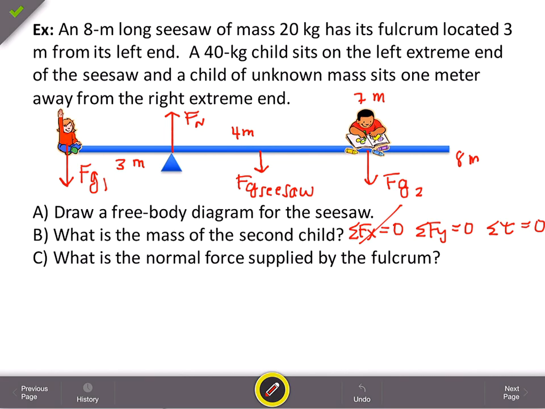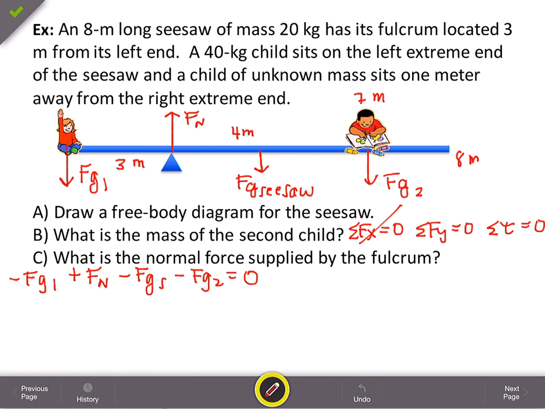For the y direction, let's see if I can just use the sum of the forces in the y equals 0 and solve for the mass of the second child. So in the y direction, I have negative FG1. I have a positive normal force minus the weight of the seesaw minus FG2. And that equals 0 because the seesaw is not going to be moving up and down.